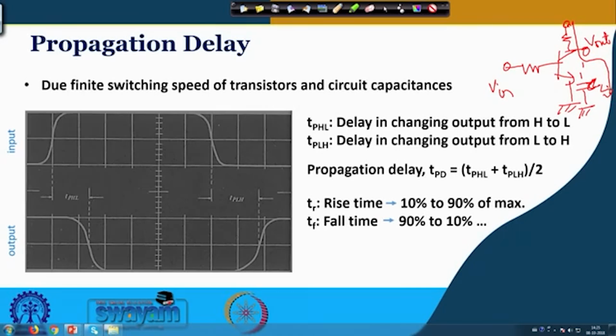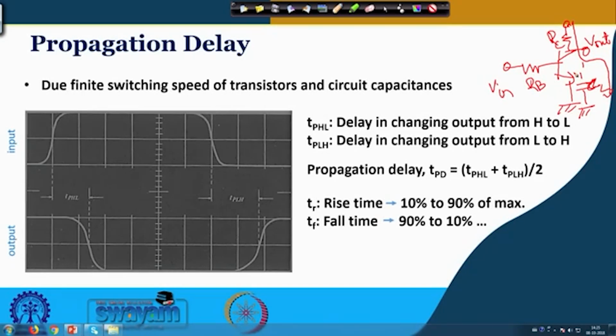So, there is an RC, this is RC and this is RB. So, there is a time constant associated with pulling up the value over here. Discharging takes place when this transistor is on. So, that path resistance is less, so it is relatively quicker, and this is visible when you see this particular diagram.